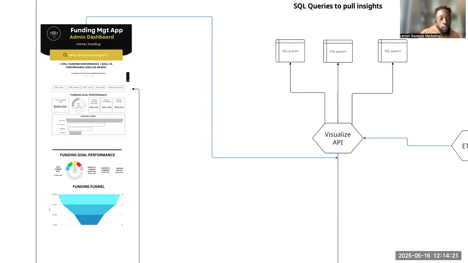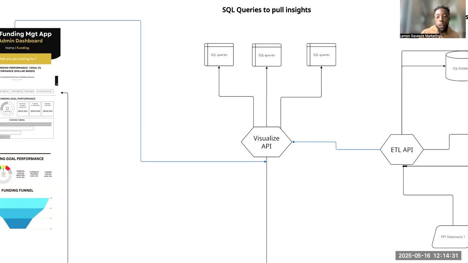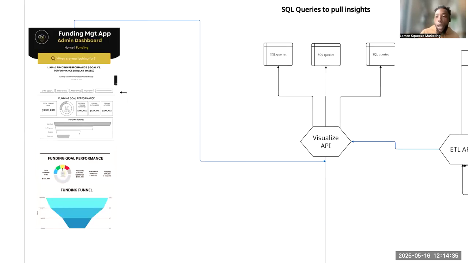I'll give you one example. There's a card on our dashboard that has our total funding goal, right? This process is responsible for going to the data source that stores that information and properly rendering it out to our BI solution so that we get the information as a card.